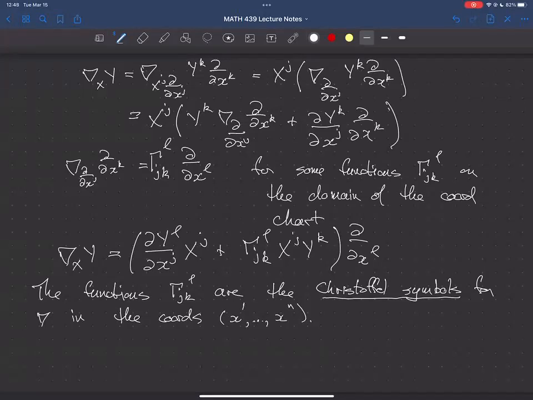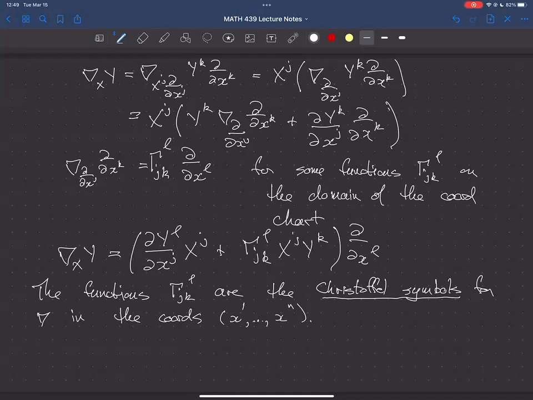And so there has to be a transformation rule for Christoffel symbols that you can check, to make sure that if you give me two overlapping charts, and Christoffel symbols here and Christoffel symbols here, the resulting thing on the overlap of those charts is such that those are the Christoffel symbols for the same affine connection.